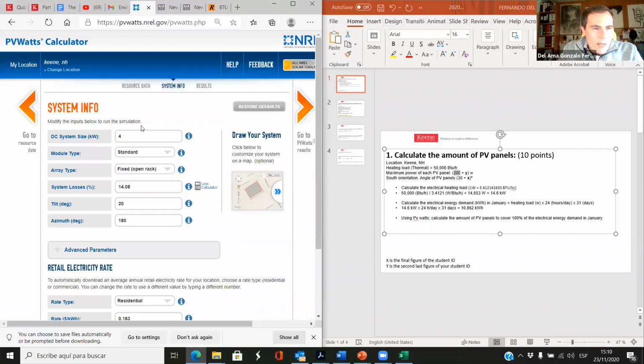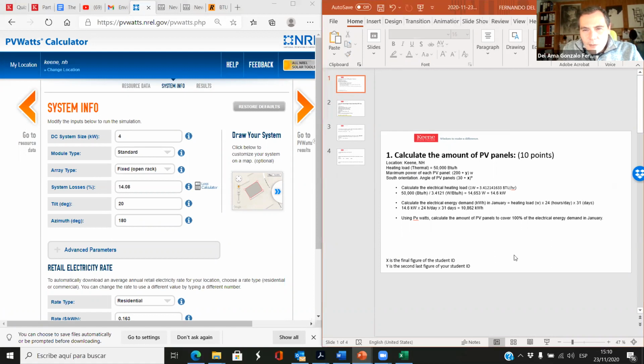We are in Keene, New Hampshire. Now we have to calculate the DC system size. The angle is 30, the azimuth is 180 because it's south, and the maximum power of each panel is 200.